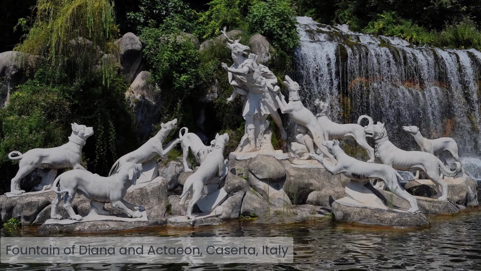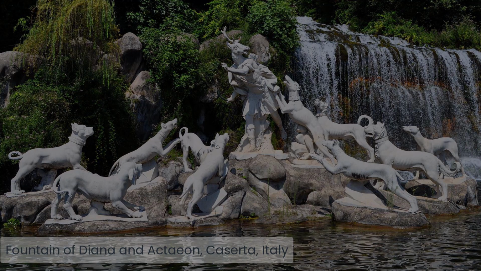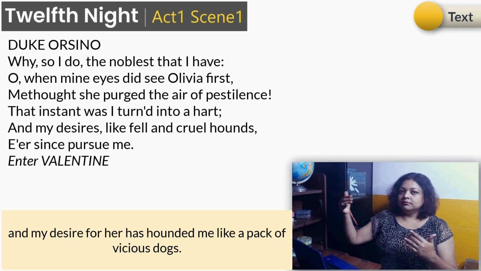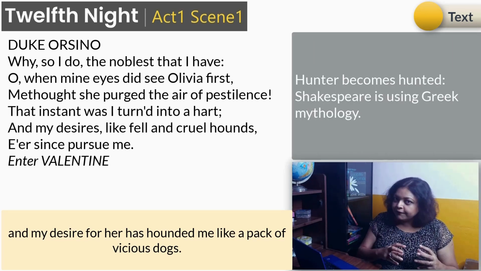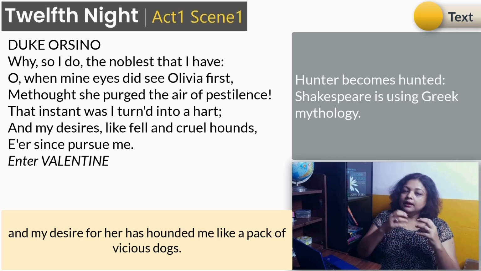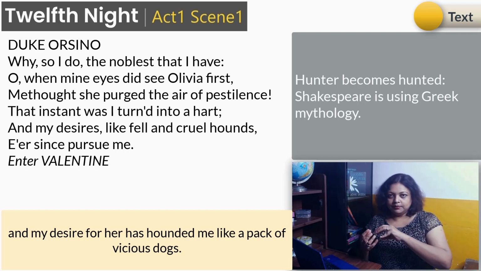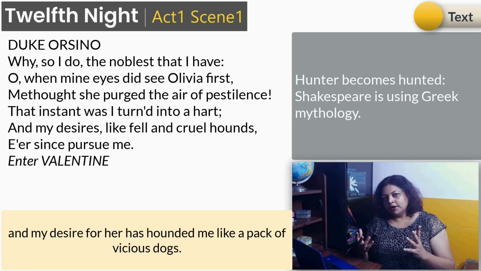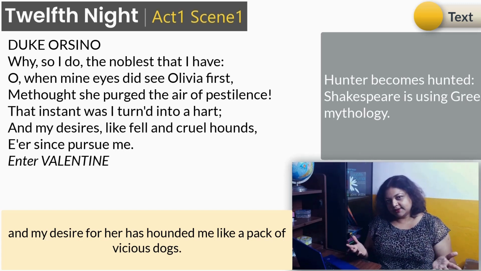These dogs did not know that they were chasing down their own master. So Actaeon was chased and hurt brutally by his own hounds. So here, Orsino is transformed into a deer. His desires for Olivia are like dogs. Now that he has become a deer, his own desires are chasing him. In short, he is totally disturbed at this moment and he cannot rest.